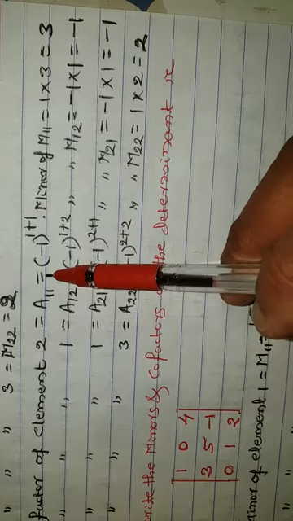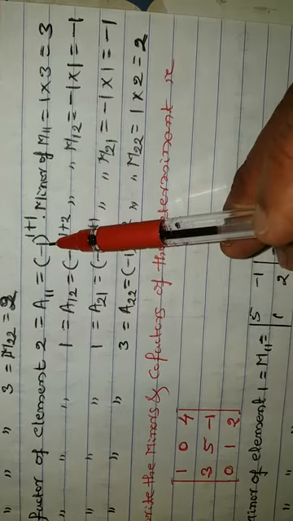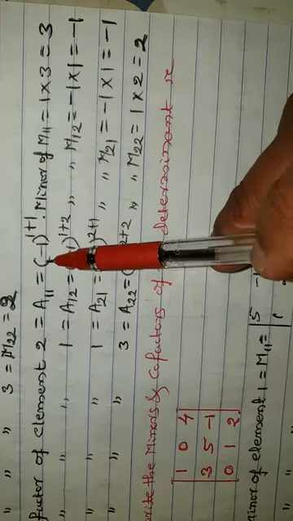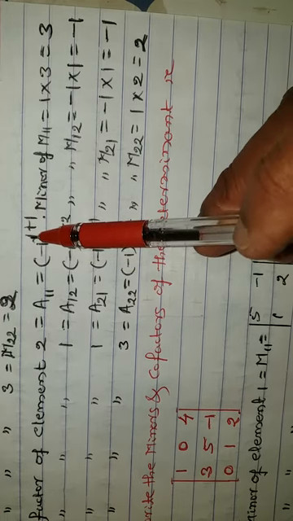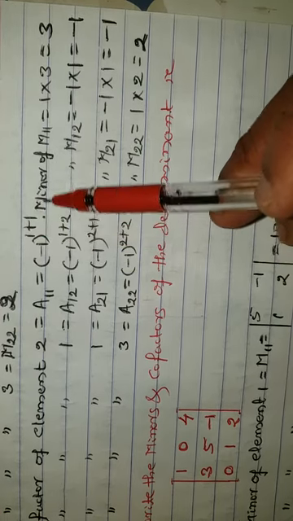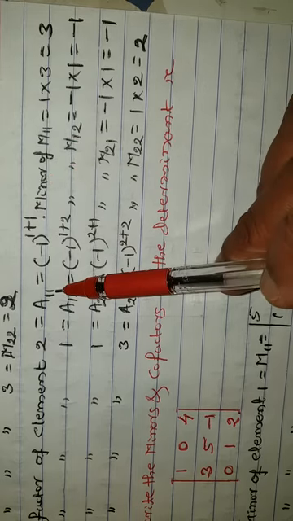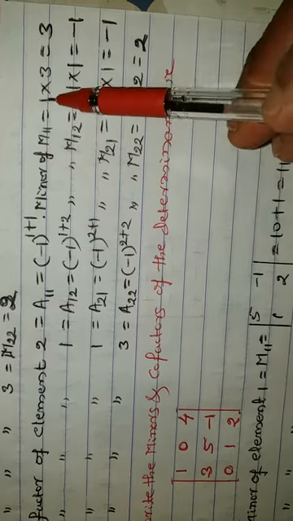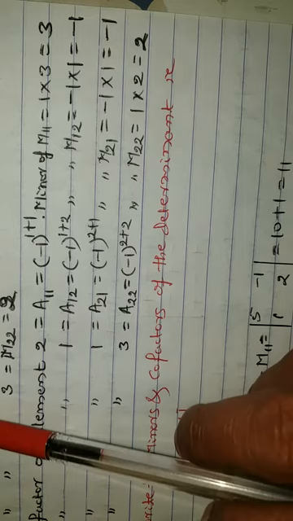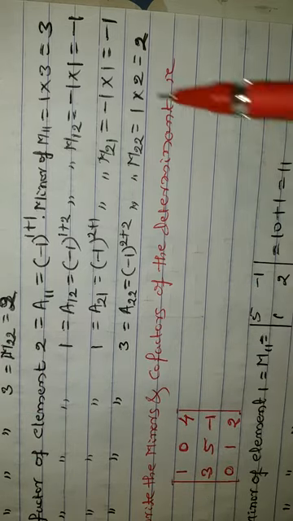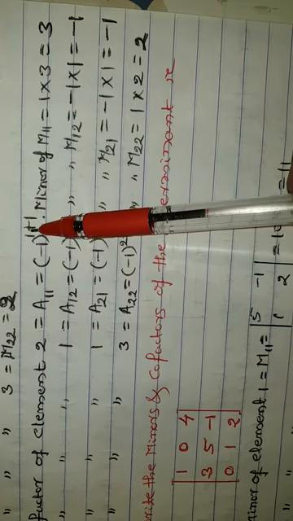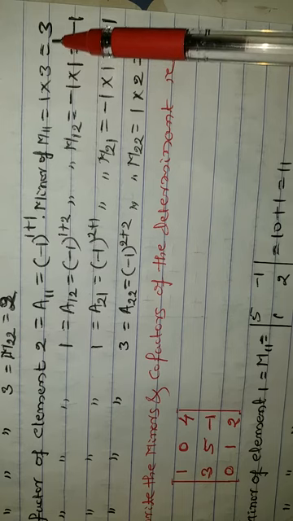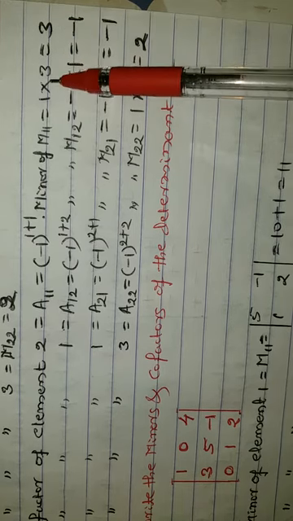Hence, A11 equals minus 1 to the power of i plus j, into the minor of that element, M11. The minor of the first element 2 is 3. Hence, minus 1 to the power of 2 equals 1, into 3, that equals 3.